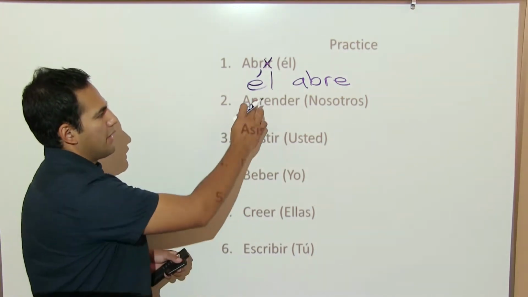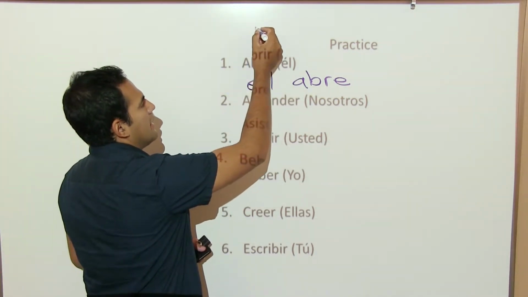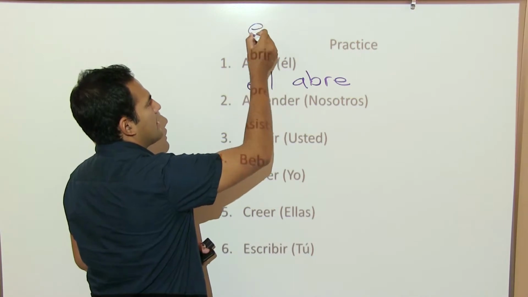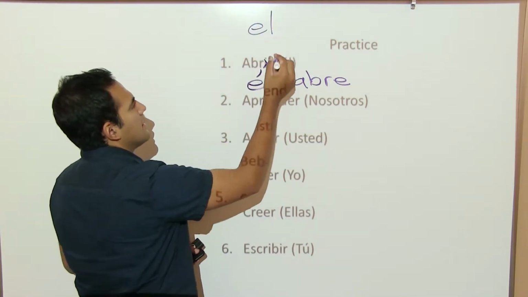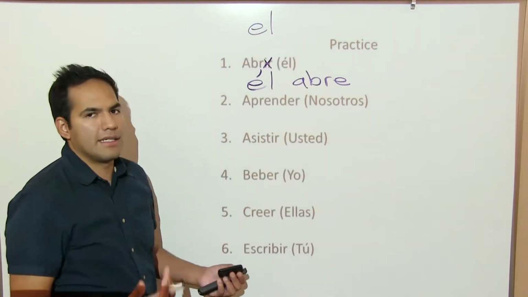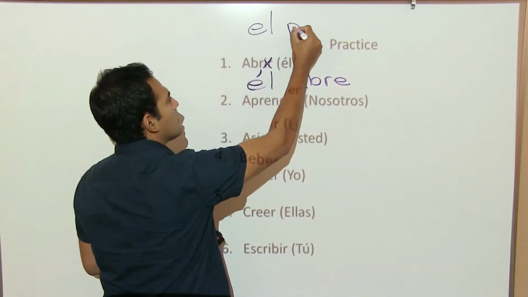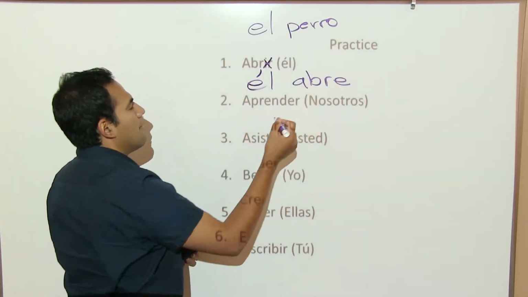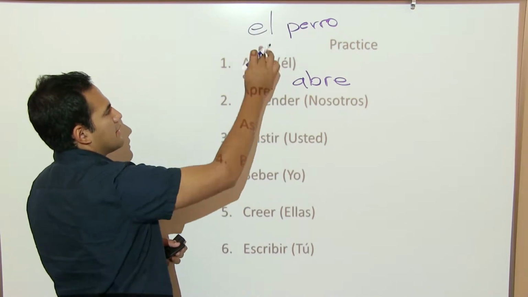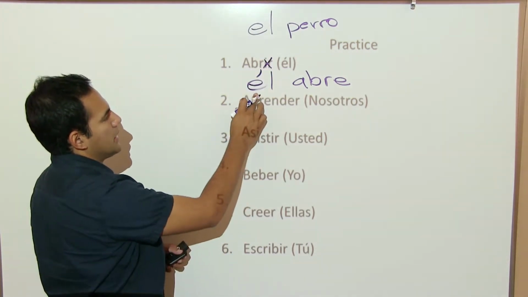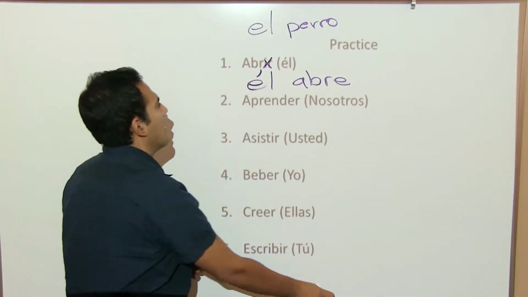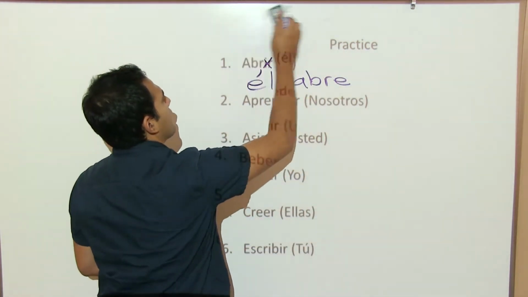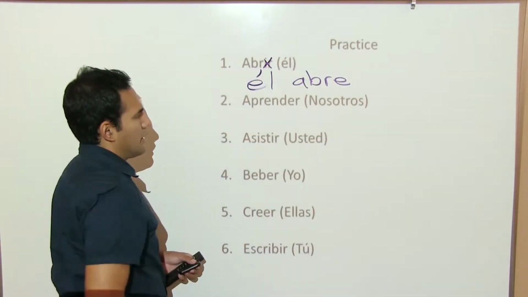And just to point out, we have the definite article el, which is to describe a noun. For example, el perro. So to differentiate between the two, you have to make the accent so they know what you're using. So that's just for you to be aware of.